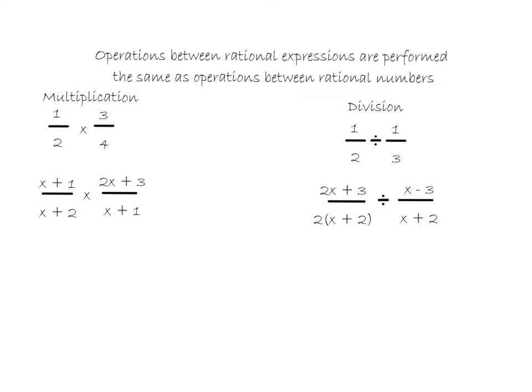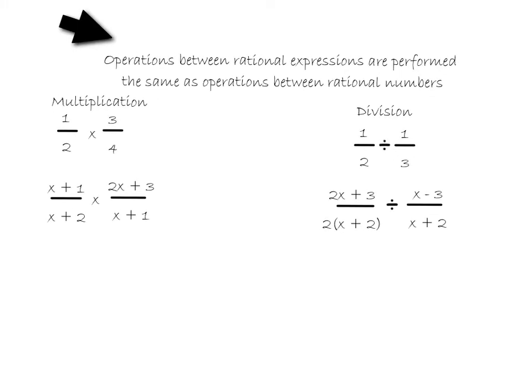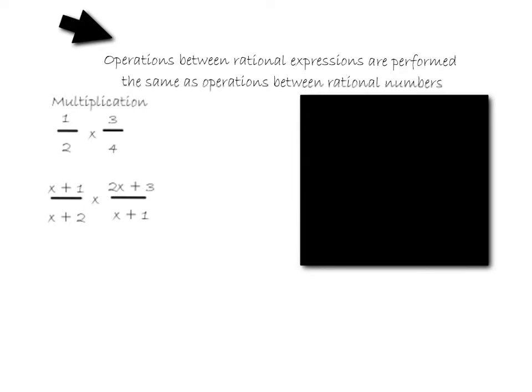So let's first talk about rational numbers, because the idea of rational numbers is very similar to the idea of rational expressions. Okay, so multiplication. When you are multiplying, get rid of division here for a second.